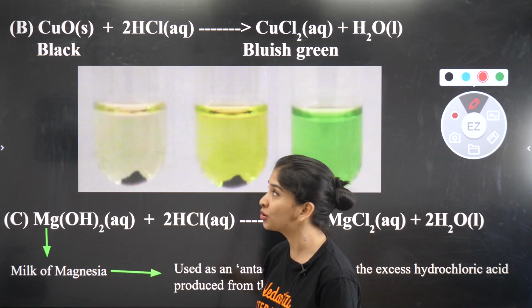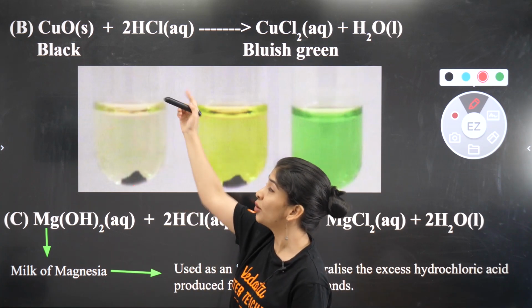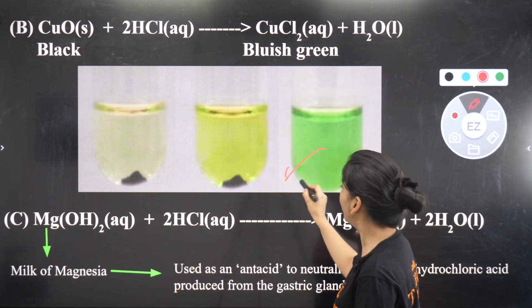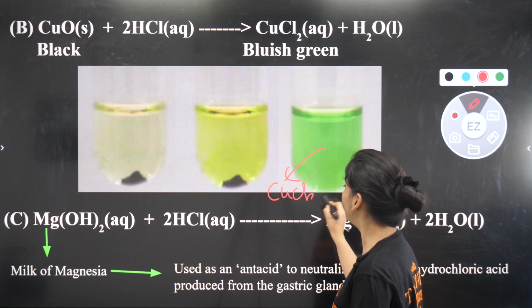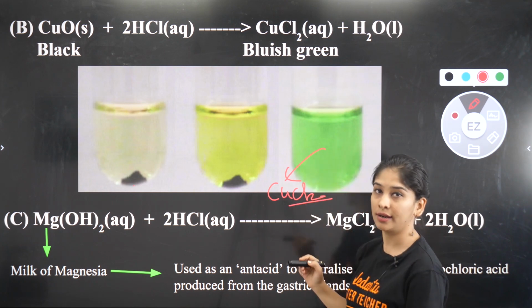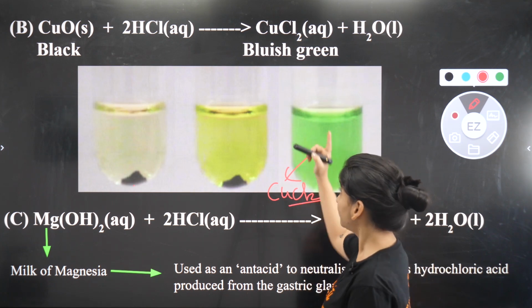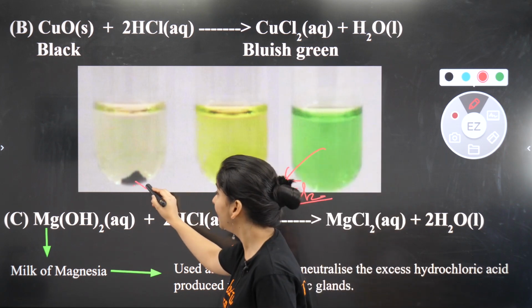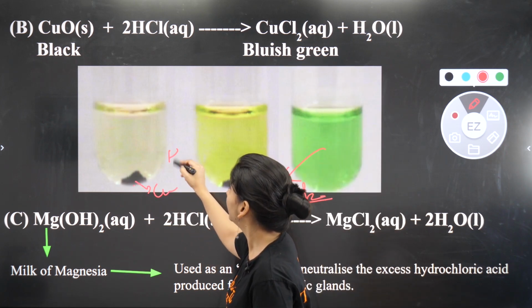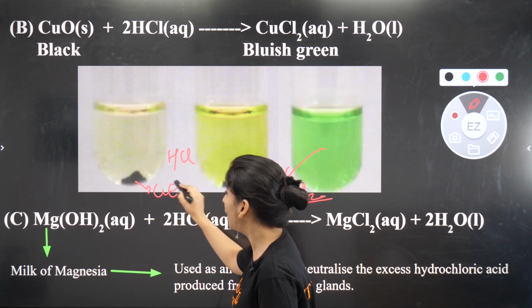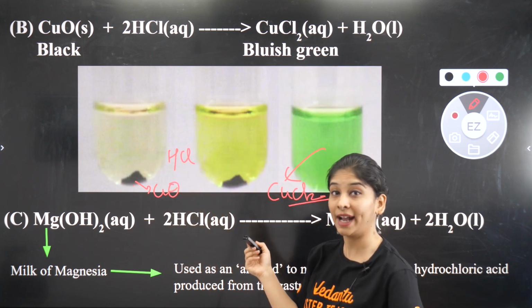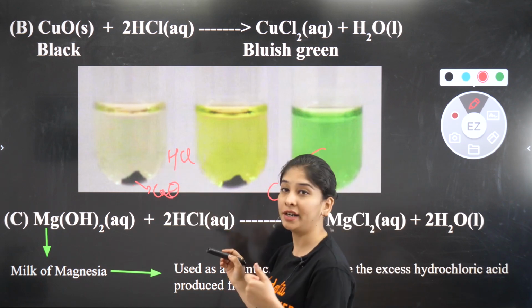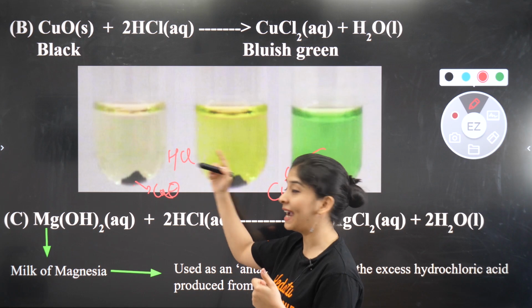There's a reaction that is going to occur: copper reacts with chlorine to give you copper chloride, and copper chloride has a greenish appearance. And then we have water. So whenever I add copper with dilute HCl, not copper, copper is not going to react with dilute HCl. Why? Because then there would be a single displacement reaction. This time it is copper oxide with HCl.